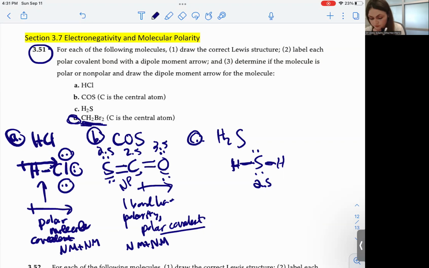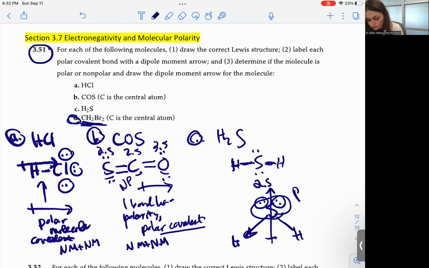All right, so what is the real shape that we have here then? We have these non-bonding electrons that are going to be pushing these bonds away, really. And so if you have your whole molecule polarity here, knowing that sulfur is going to be considered more electronegative, that way you know that you've got a polar molecule.